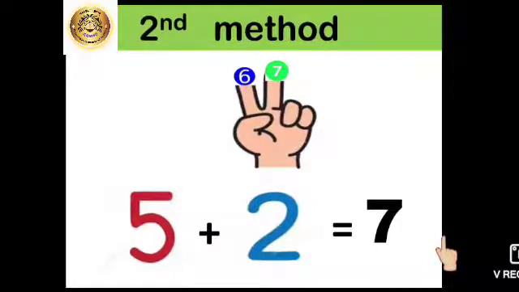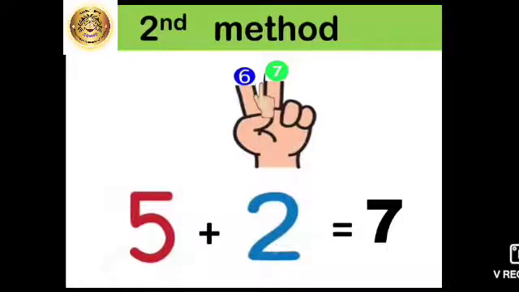Means in this method we first consider which number is greater and which number is smaller, and take out the fingers of the smaller number. After that you count forward from the greater number, or next to the greater number, like this.